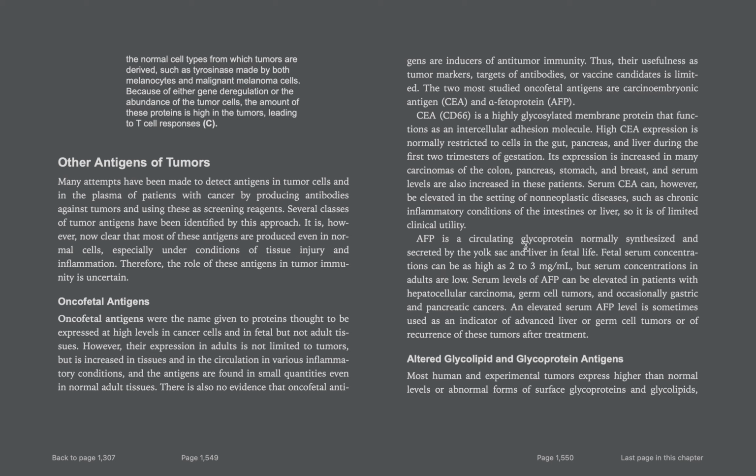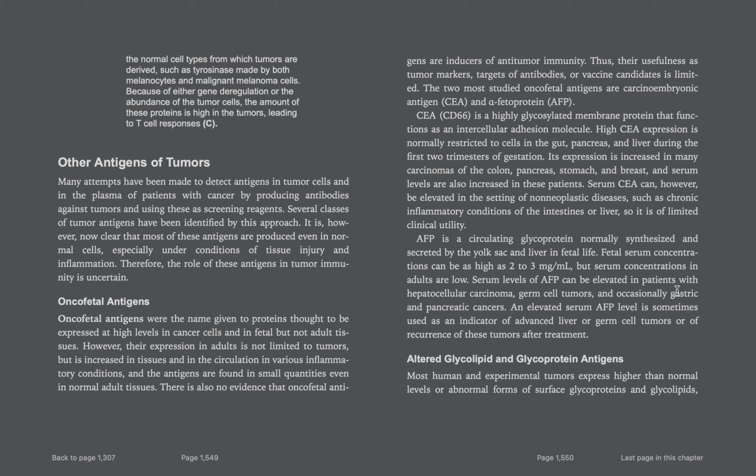Serum CEA can, however, be elevated in the setting of non-neoplastic conditions such as chronic inflammatory conditions of the intestine or liver, so it has limited clinical utility. AFP is a circulating glycoprotein normally synthesized and secreted by the yolk sac and liver in fetal life.